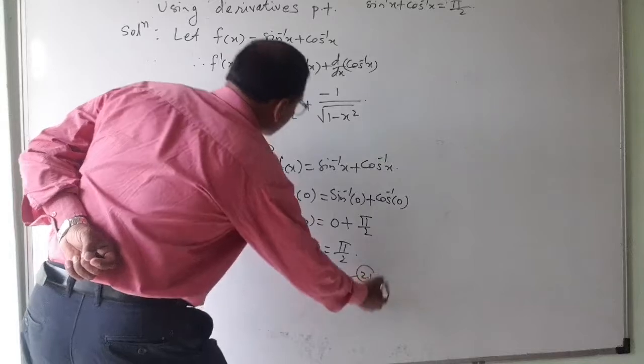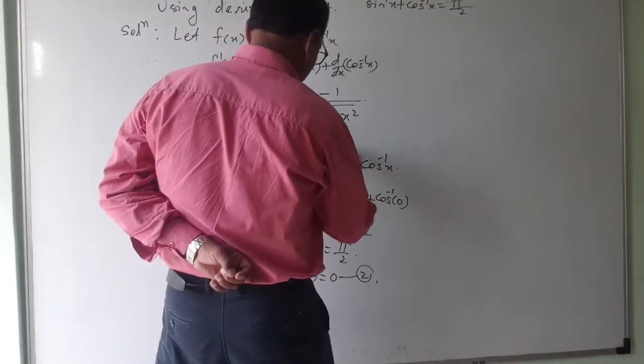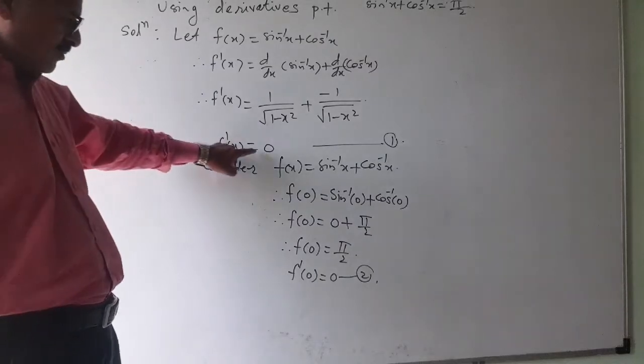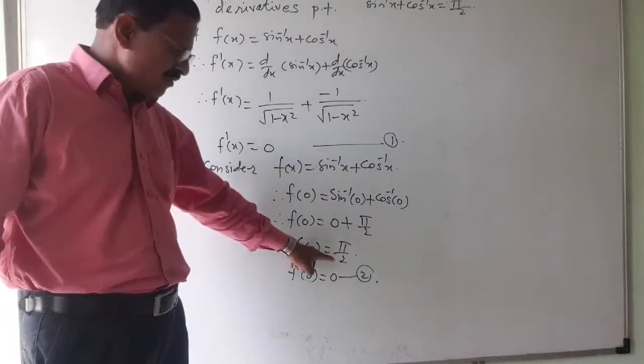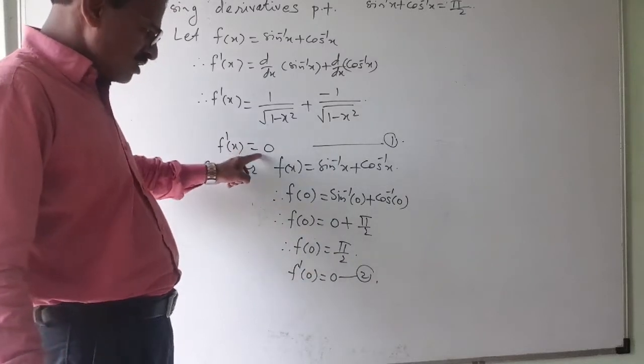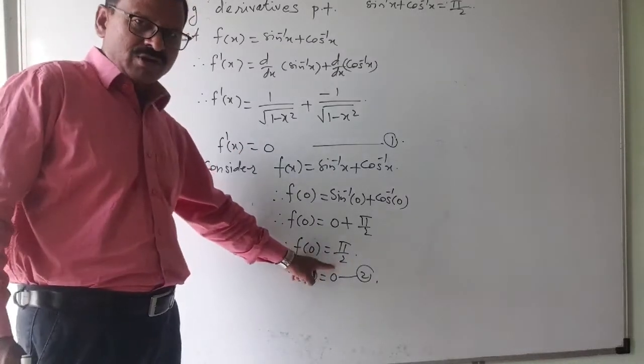This is number 2, this is number 1. As the derivative has come 0, that means it is a constant. Pi by 2 is also a constant.